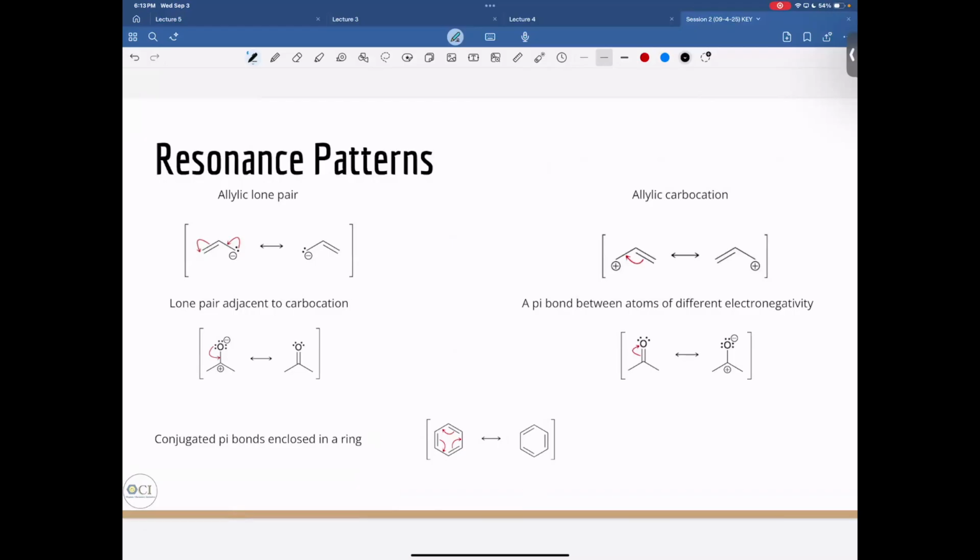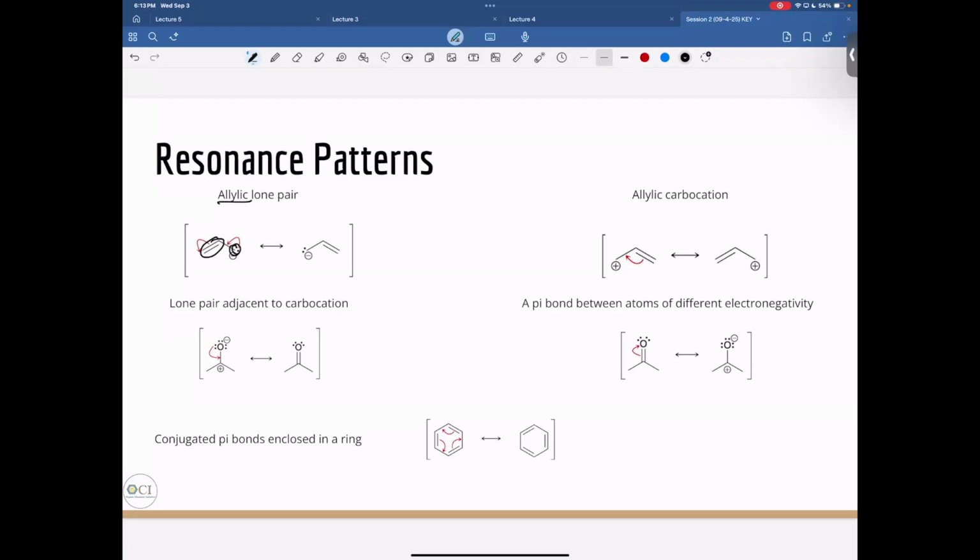These are the 5 patterns you're going to need to know for organic chemistry. And it is as follows. I think we went over this last week as well, right? Yeah, so this may be a refresher for you guys, but allylic lone pair, you might be wondering what allylic even means. Allylic means the adjacent carbon that's next to a carbon double bond. So you see this carbon double bond here? The adjacent carbon would be this carbon.